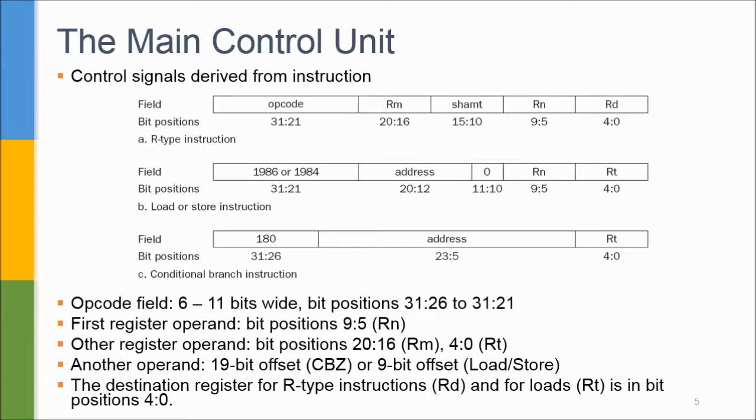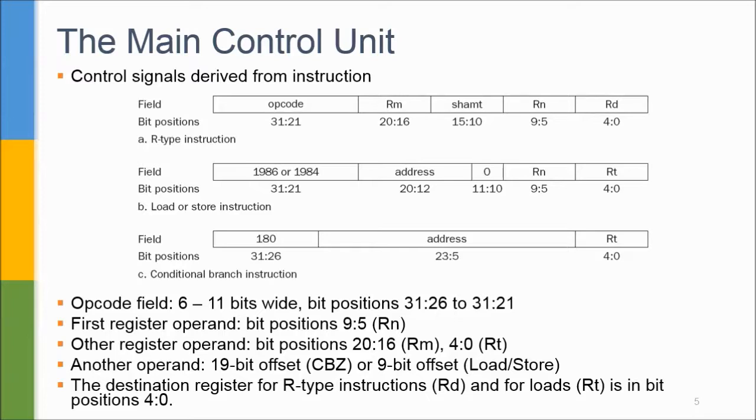Second, the first register operand is always in bit position 5 to 9: Rn for R-type instructions and the base register for load and store instructions.